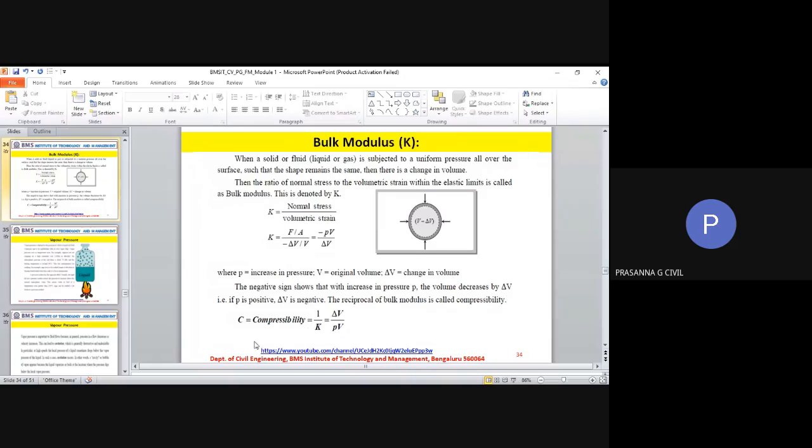It is not the negative, sorry, it is the reverse of bulk modulus. So if K is bulk modulus, compressibility becomes 1 by K. So you have the reverse value, change in volume divided by the pressure or stress into volume.